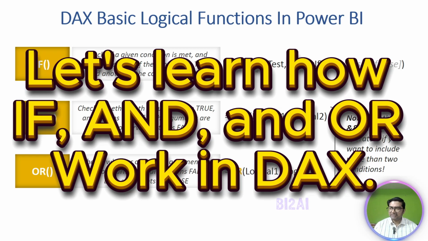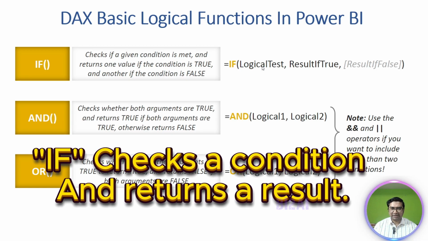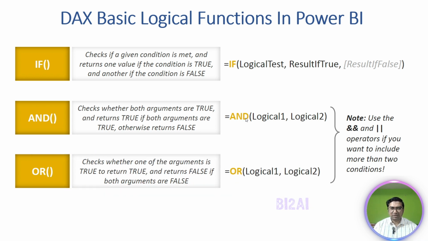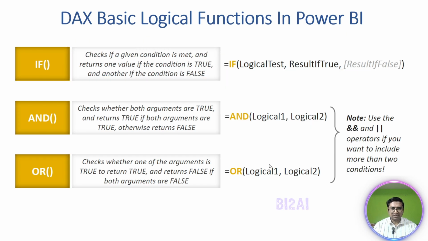First, let's take the IF condition. IF simply takes a logical test: if the logical test is true, it gives the true result, otherwise it gives the false result. We can add multiple conditions as a nested IF. The second one is the AND condition. You give it two logics, logic 1 and logic 2. If both are true, it gives a true result, otherwise a false result.